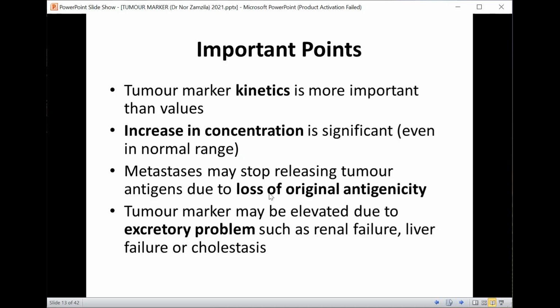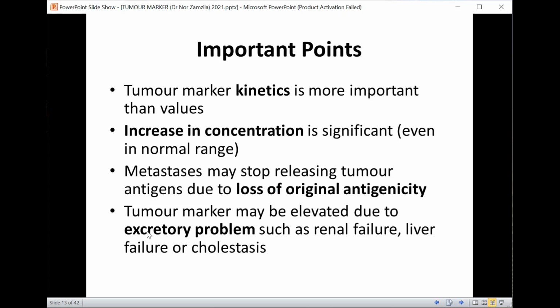You may say that since the amount of tumor marker is reducing, the patient is actually improving, where actually the patient has got metastasis. So you have to keep this in mind, because during metastasis the tumor lost its antigenicity, it may stop releasing tumor marker, and you may confuse and say that patient has improved.